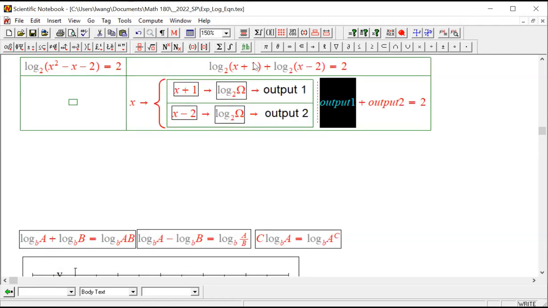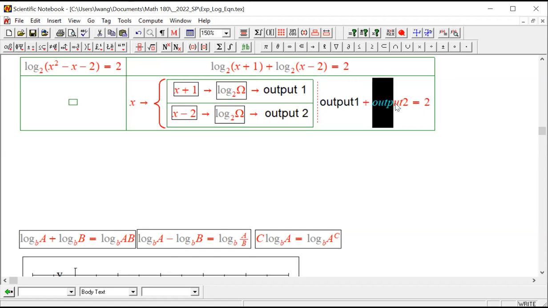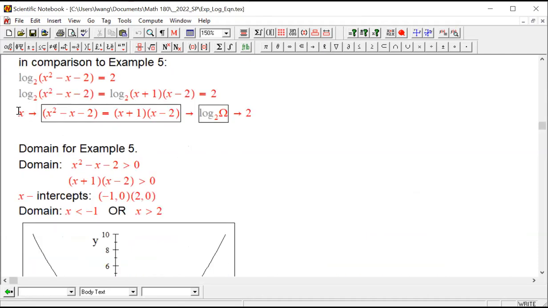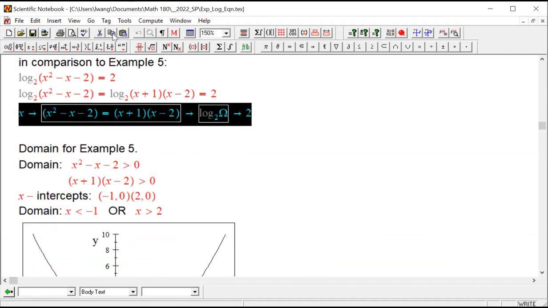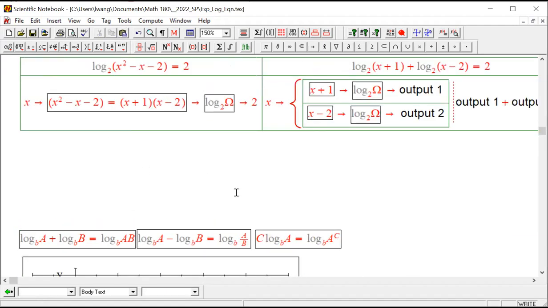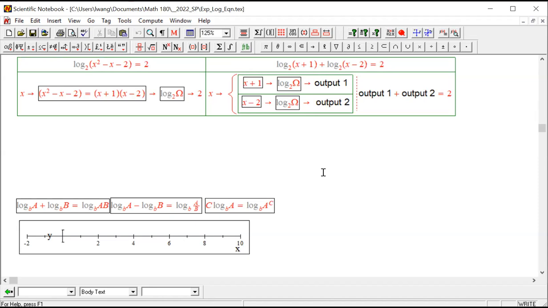Output 1, output 2. For example number 5, that's the flow. Let me make it 125% so you can see the whole thing.